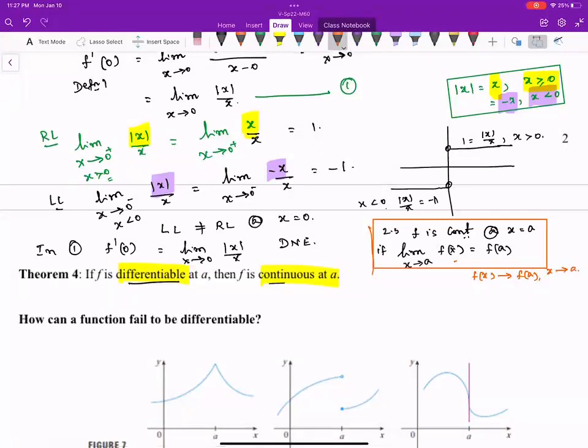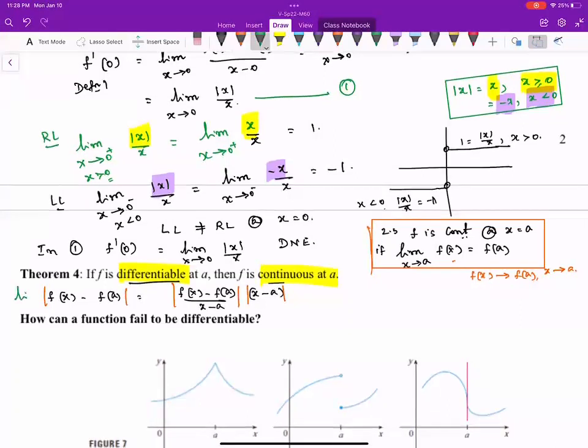So let's consider the difference f of x minus f of a, which I can write as f of x minus f of a over x minus a, times x minus a. I'm multiplying and dividing by x minus a. Let's say I take the limit as well.